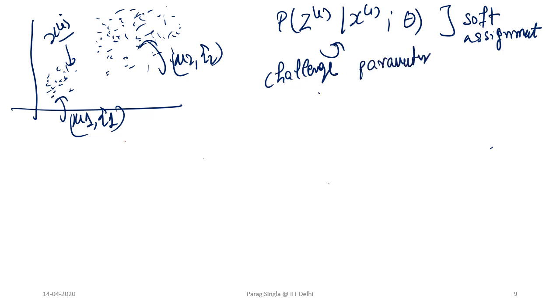Remember that the entire algorithm was to repeat this iterative process: once we know the parameters, compute zi's, and then given the zi's compute the parameters. But how do we compute the parameters if we don't know the hard assignment of zi's? If we don't know deterministically to what cluster a point belongs, then our previous equations don't work for the M step.